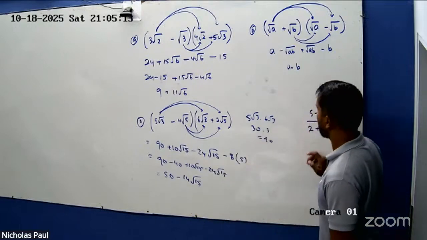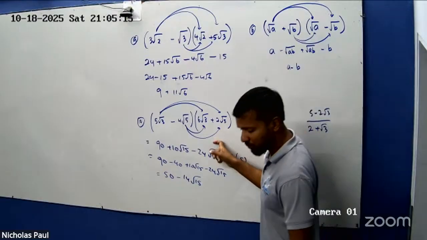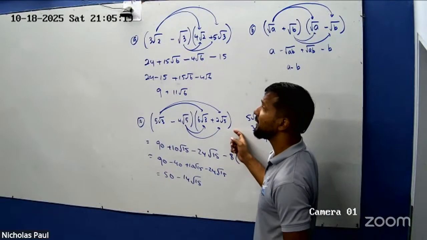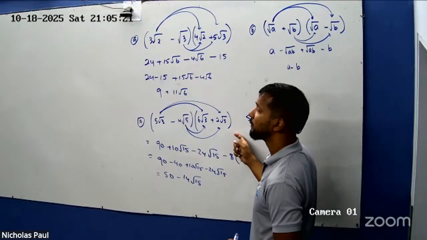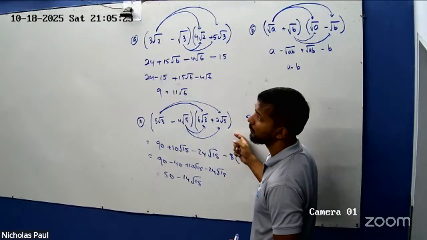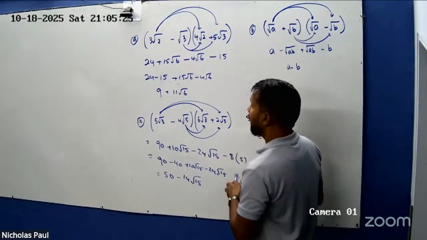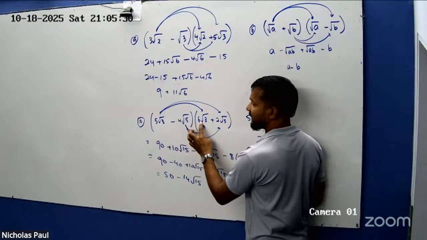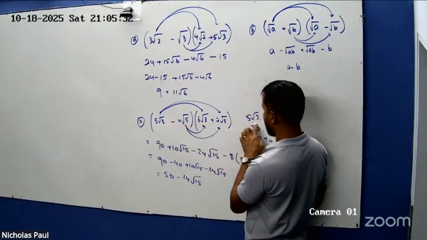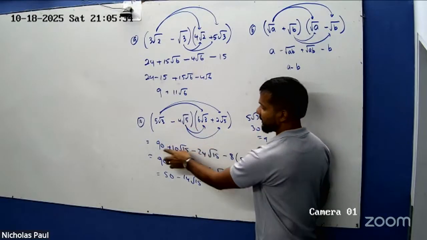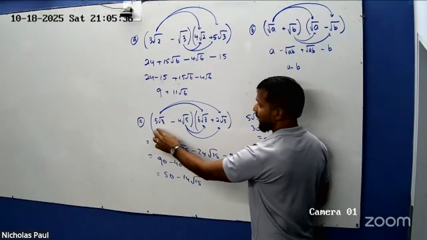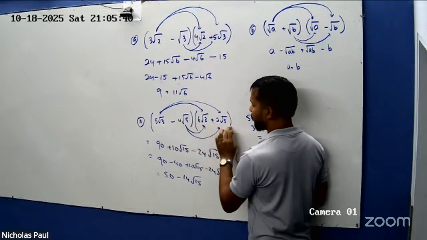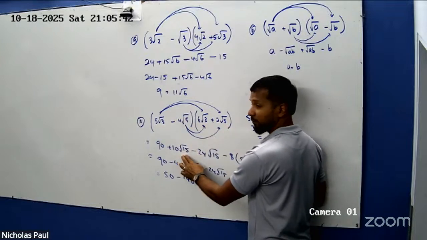So the last one, this one here, Diego. So 5 root 3 by 6 root 3. 5 by 6 is 30. Root 3 by root 3 is 3. 30 by 3 is 90. Then I multiply 5 root 3 by this. 5 by 2, 10. Root 3 by root 5 is root 15.